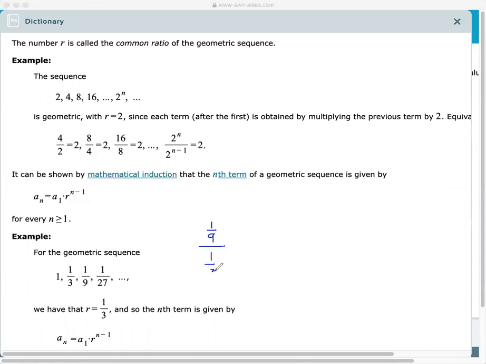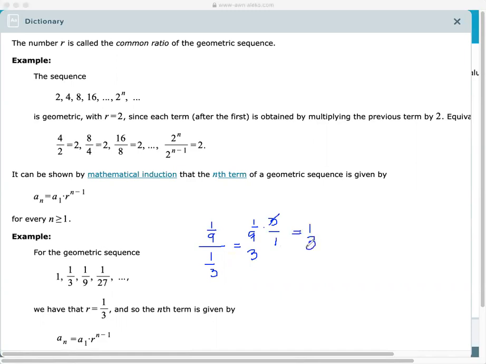So that's equal to 1/9 times 3 over 1. Then the 3 over 9 can cancel, and you have a 3 in the denominator, so it's equal to 1/3. You can see it is the same ratio of 1/3.